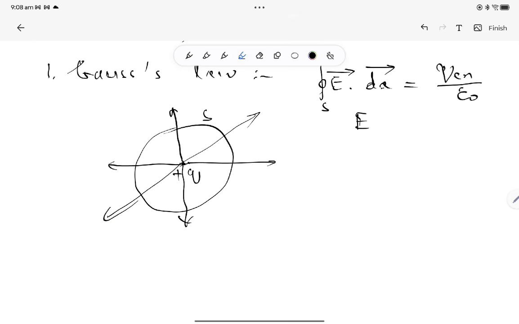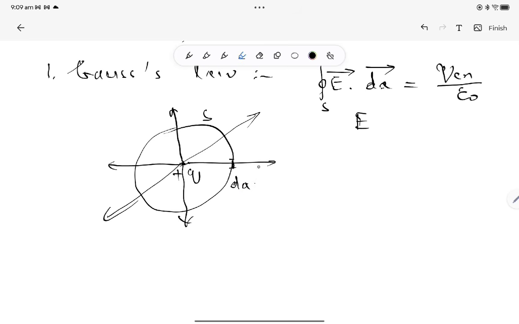Now what you do, you divide this surface, the area of the surface, into little areas, area elements. Let us show one such element here. Although it appears like a straight line, it is not a straight line. It is a straight plane patch of area. Now this area patch, suppose it has an area dA.